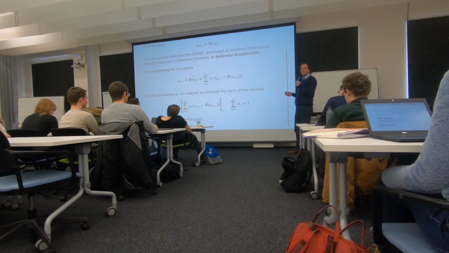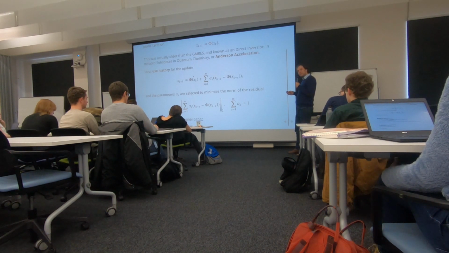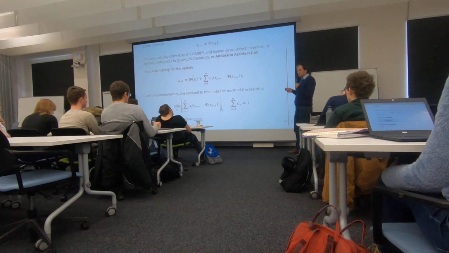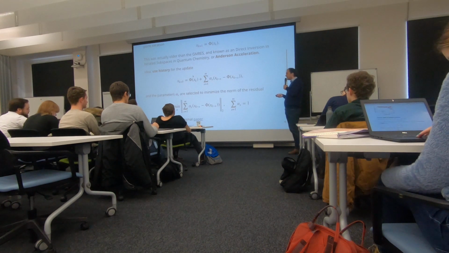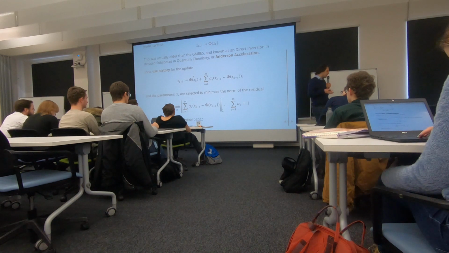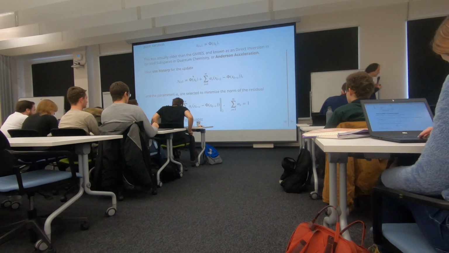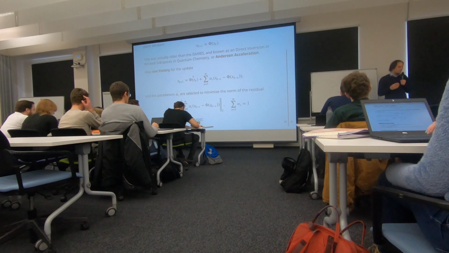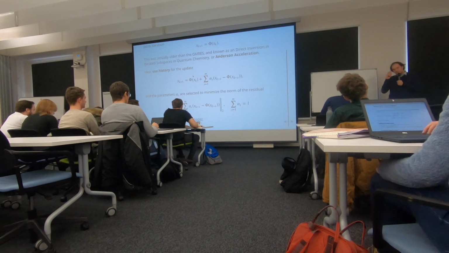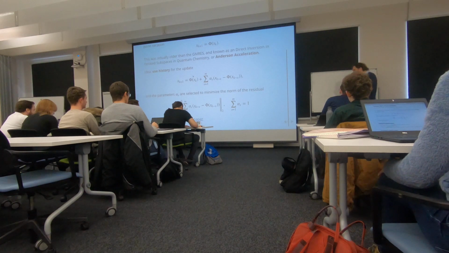So in the linear case, this is equivalent to GMRES. That's a funny observation. If you do this, and this is a linear mapping, this is exactly equal to GMRES applied to the matrix identity minus phi. So this can be called a nonlinear GMRES. It was also called direct inversion in the iterated subspace. The acronym is nicer, DIIS.